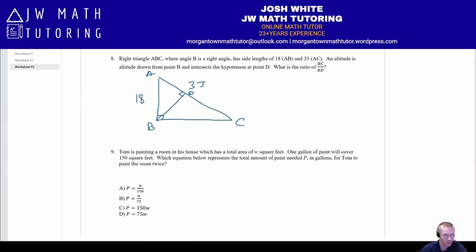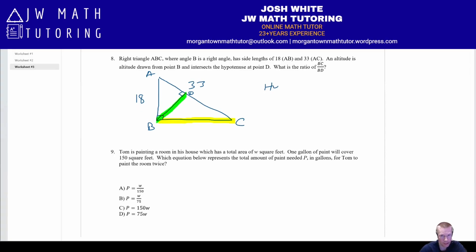So, if you're familiar with similar triangles, it turns out this question is actually quite simple. It's just going to be 33 over 18, okay? And the reason why is because in this small triangle here, okay, BC is the hypotenuse, and BD is the shorter of the 2 legs.